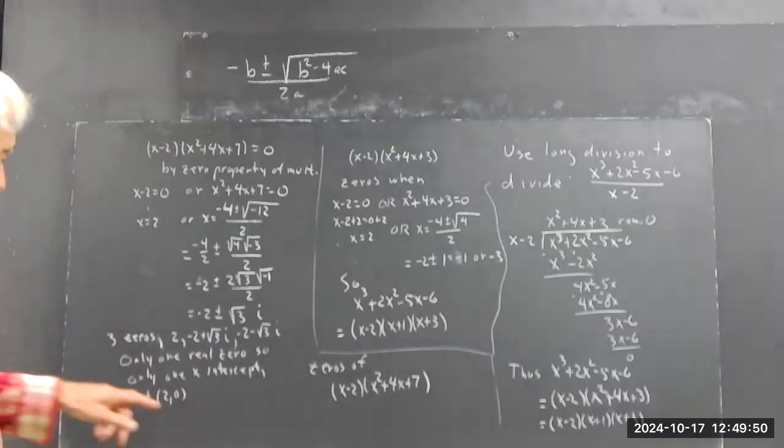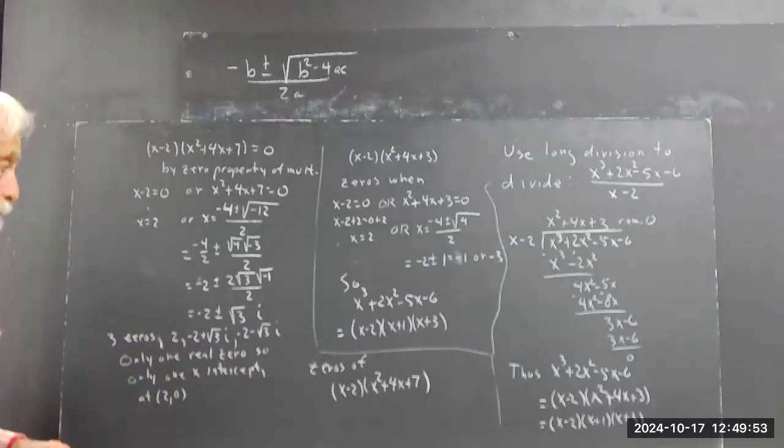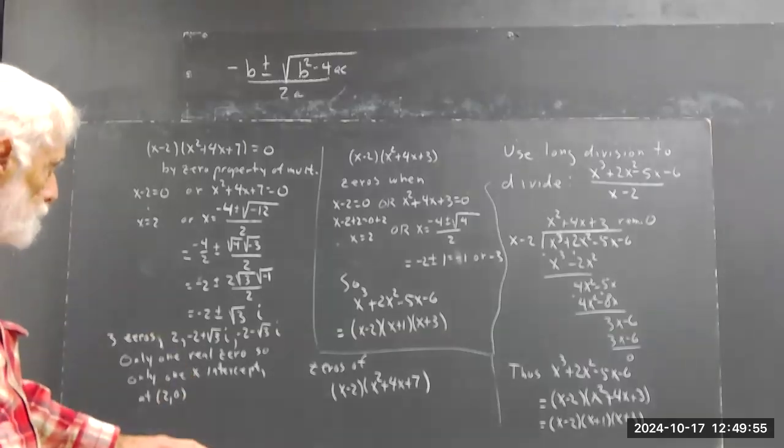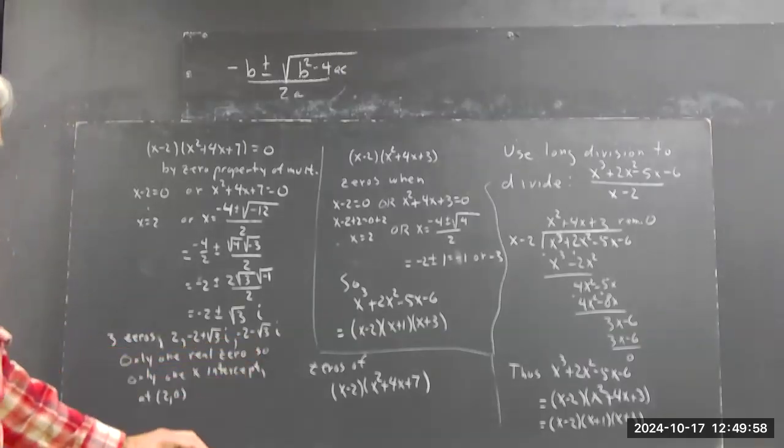There's only one x-intercept. It's (2, 0). These complex roots can give you wiggles.